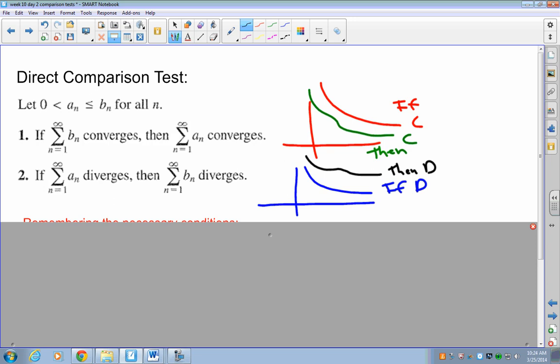The key thing is for all of this, that has to be true. One guy always has to be smaller than the other guy, or one guy always has to be bigger than the other guy. You cannot do it this way. This is bad. If I give you this guy and let's say he converges, and I give you a guy like this, you have no idea. The majority of it is in the converge world.